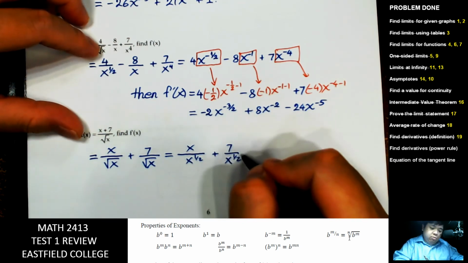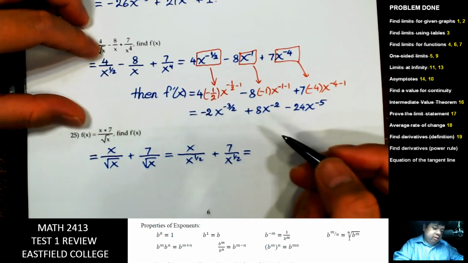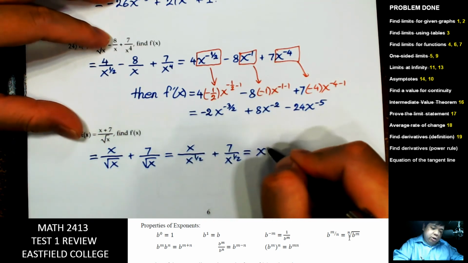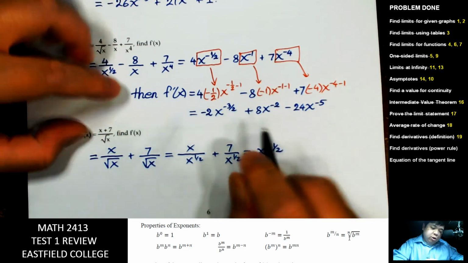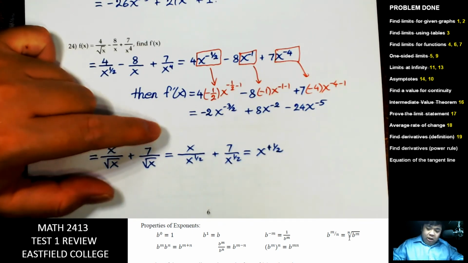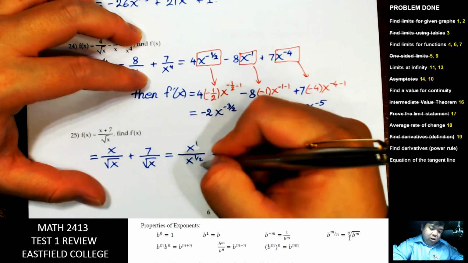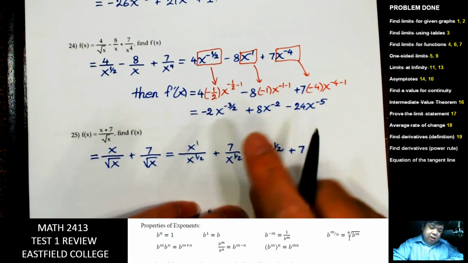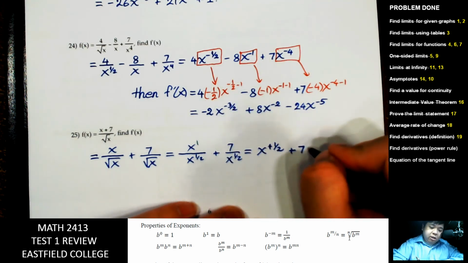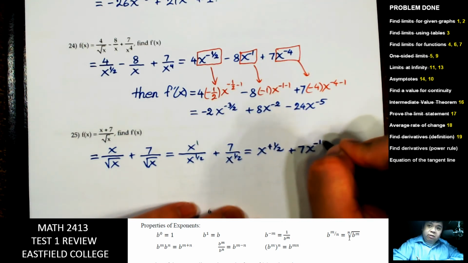Square root of x is x to the 1/2, so we have x to the negative 1/2, actually positive because we subtract the power. By default 1 minus 1/2 is positive 1/2, and then plus 7. X to 1/2, bring it up, becomes x to the negative 1/2.